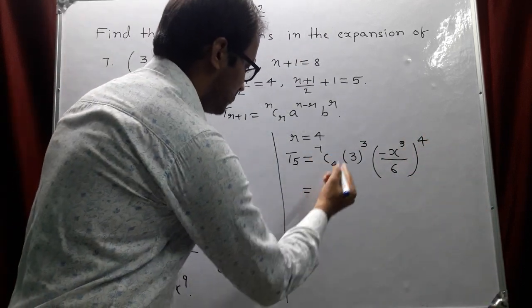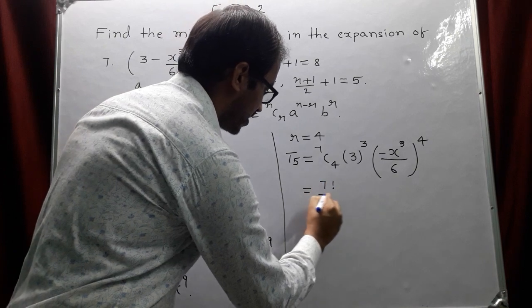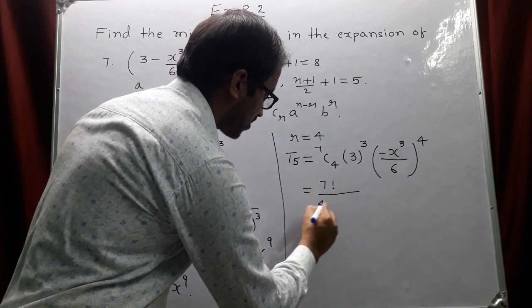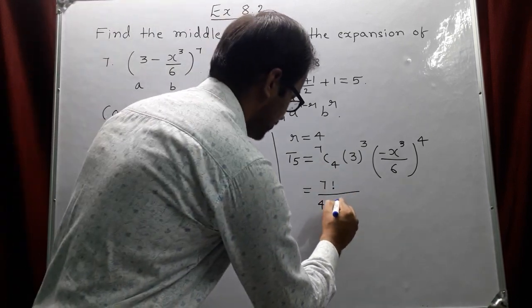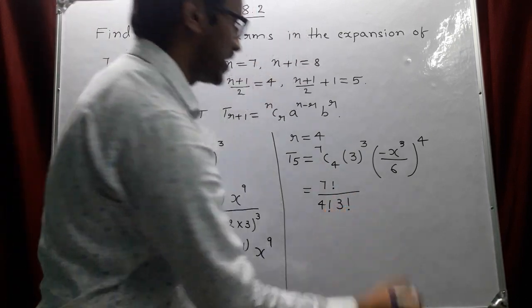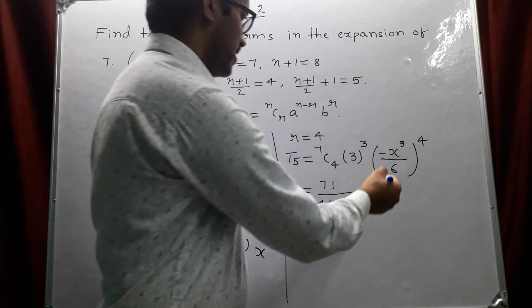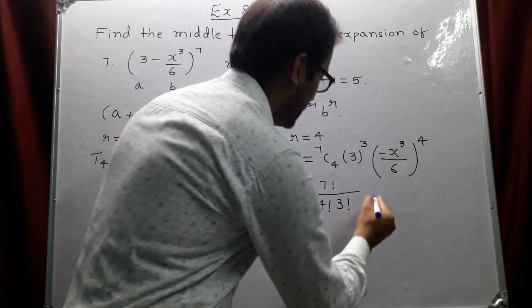So 7C4 means 7 factorial by 4 factorial into (7 minus 4) factorial, that is 3 factorial. Here also 3 cube.